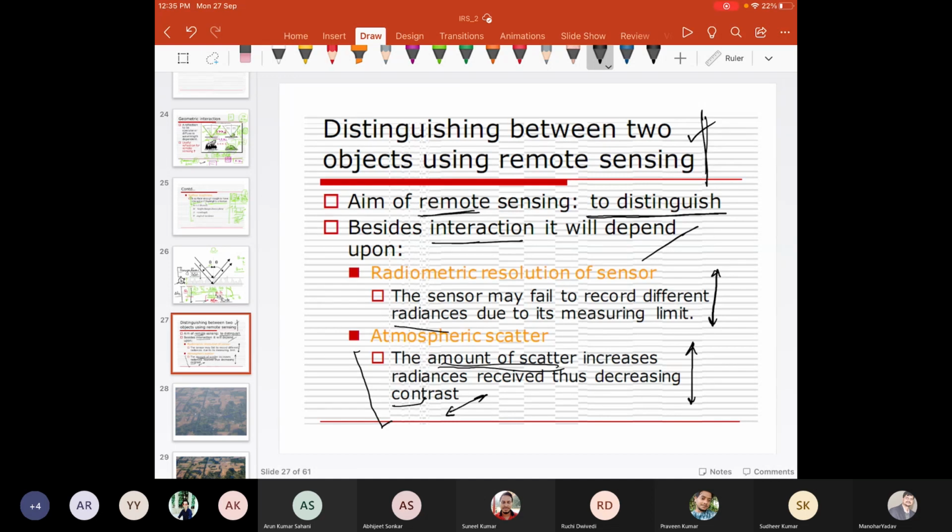So there we talk about the measuring limit. There are various types of resolutions that we define with images, so that we will discuss. Let me know if there is any query.